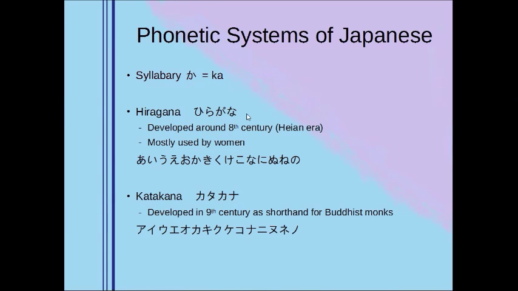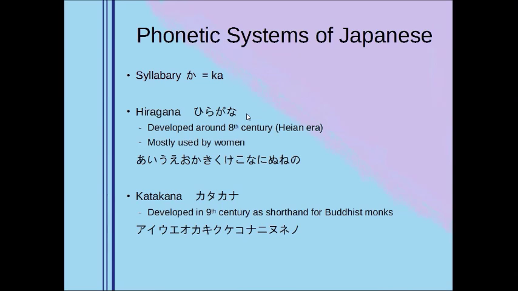K-A, ka. Hiragana was developed around the 8th century during the Heian era as a kind of shorthand that was mostly used by women in the courts who didn't have the same education opportunities as men. When the Chinese writing system was introduced into Japan, scholars learned Chinese and they would write to each other in Chinese.